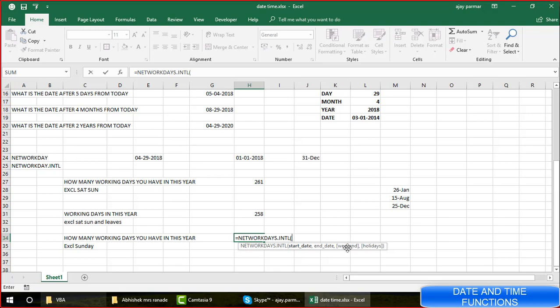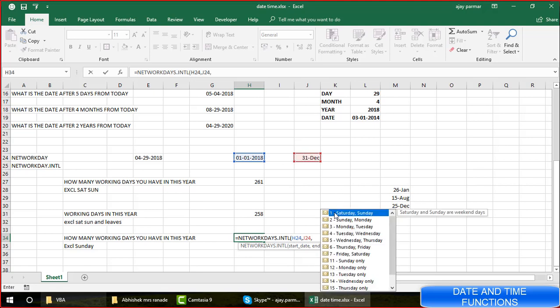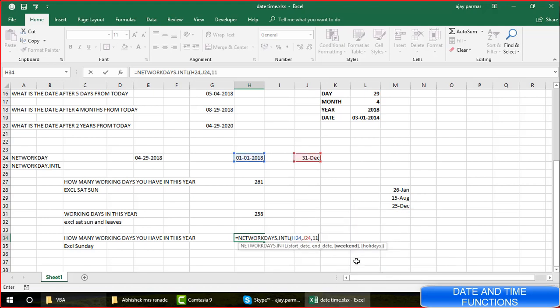This is the additional parameter you have, right? So I say my start date, this is my start date, comma, end date, this is my end date. And now the moment you press comma, you start seeing here the different weekends, right? So this is where you need to target. Now let's say I have only Sunday I want to exclude, so just select that.